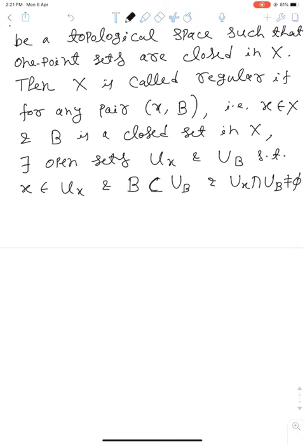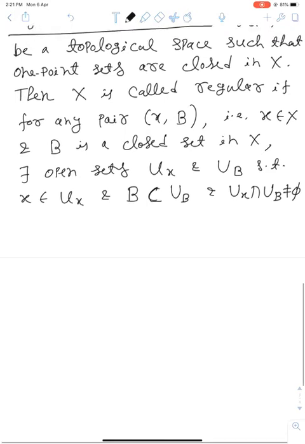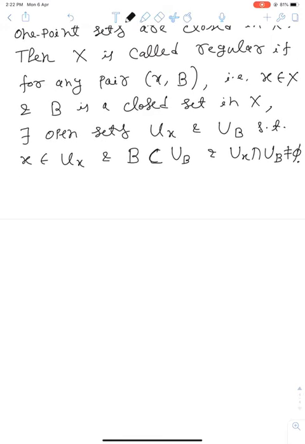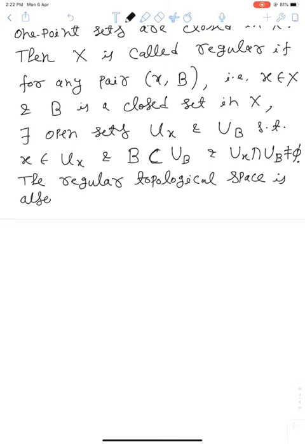That means if we choose any pair of a point and a closed set, then they are always separated by open sets. Now, if a topological space satisfies this property, then we will say that the topological space is regular. And this regular topological space is also called a T3 space.